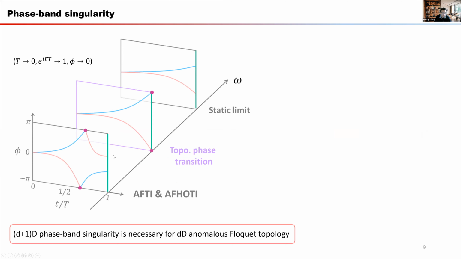The effect of being adiabatic actually has a twofold meaning. First, we want to make sure that the gap we are interested in, this green line, which is a Floquet gap, does not close. This is more like the conventional way of dealing with a static system, right?